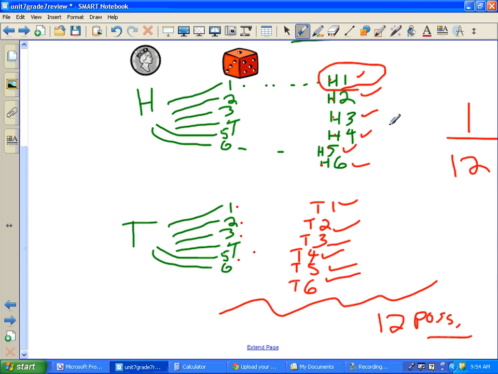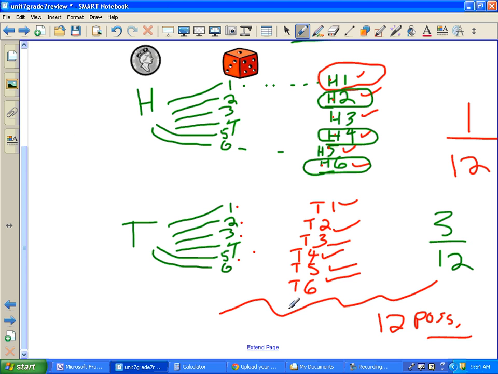What are my chances of getting a head and an even number? This is a head and an even number, this is a head and an even number, and this is a head and an even number. So there's 3 chances out of 12 that it'll be a head and an even number.